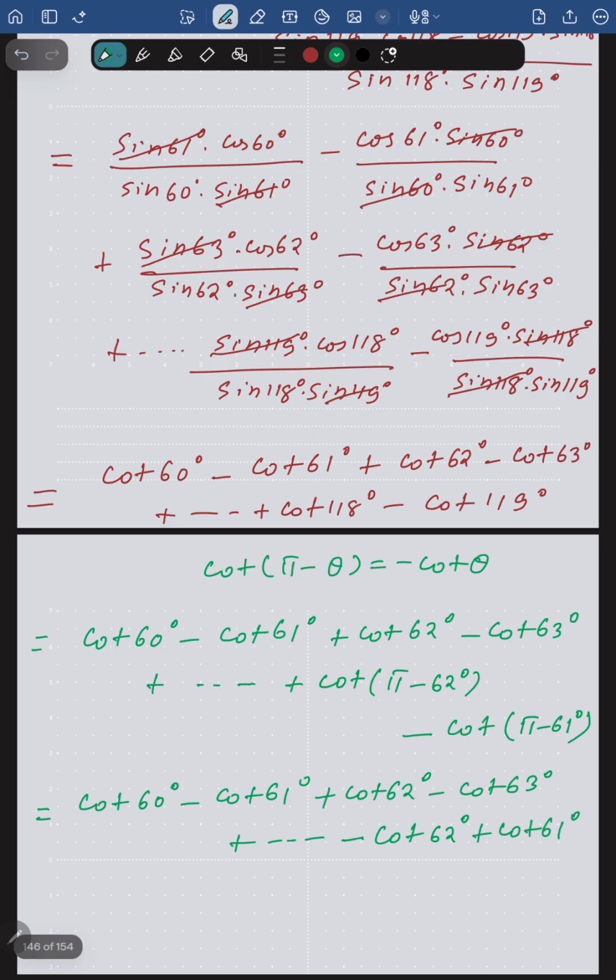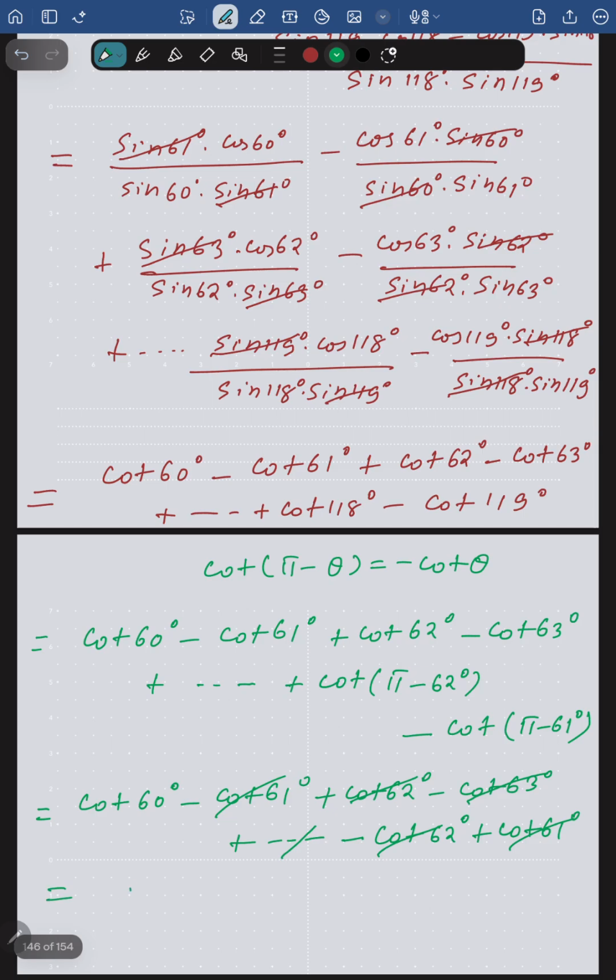In this way you can see as a whole cot 61 and minus cot 61 cancelled, cot 62 and plus cot 62 cancelled. Similarly minus cot 63 will be cancelled with some term over here.